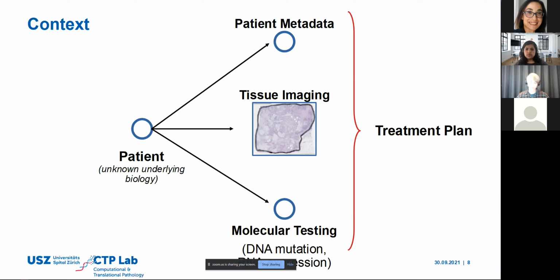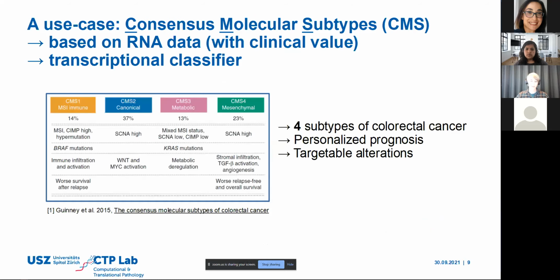So by collecting all this information, clinicians can make a decision for the best possible treatment. But today, for this use case, I would like to talk to you about a very specific type of molecular marker. In recent years, 6 independent research groups have agreed and established 4 subtypes for colorectal cancer patients.